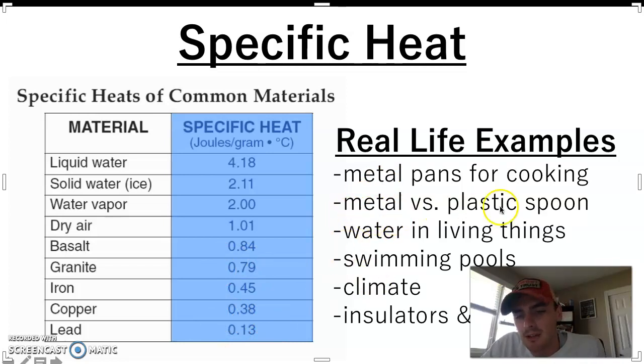If I leave a metal spoon versus a plastic or wooden spoon, and wood would probably be up here near water, a metal spoon will heat up way faster because of its low specific heat, whereas a wooden or plastic spoon takes a lot longer to heat up. That's why a lot of your kitchen utensils aren't made out of metal, because of their high specific heats.